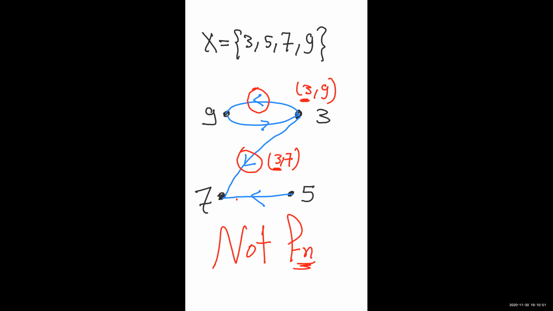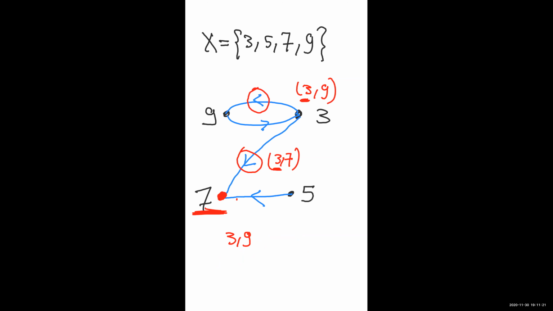Check element 7. Here, do we have one arrow going outside 7 to any other element? No. So this means also it's not a function because 7 didn't participate in the relation. What are the ordered pairs here? Let's write down the ordered pairs. First, 3 and 9, right?